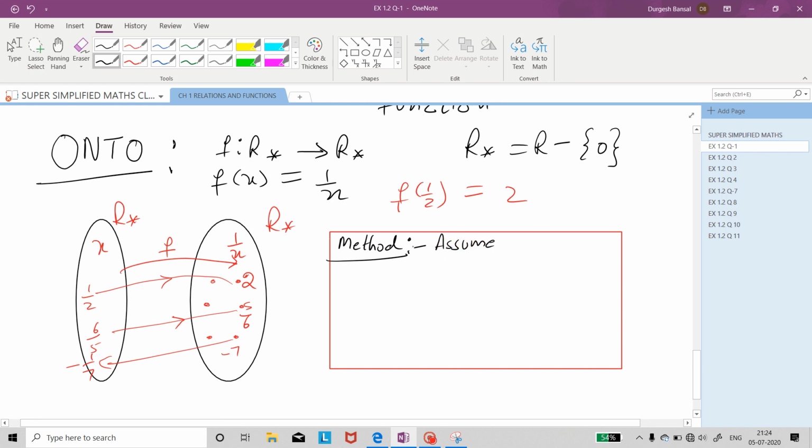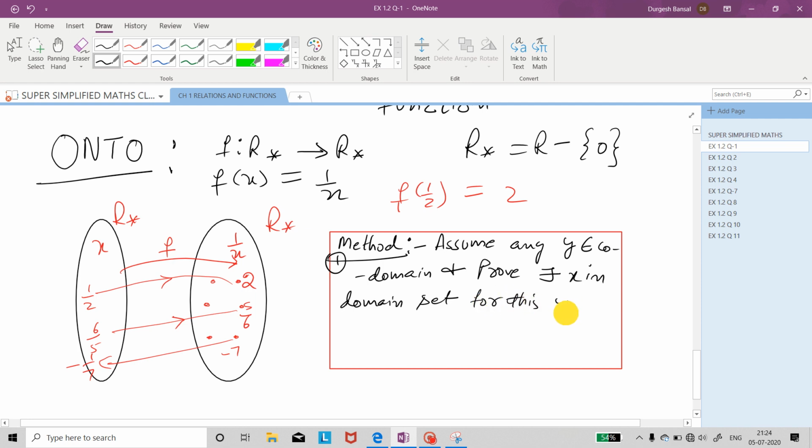This is method 1: you assume any y in the codomain set and prove there exists x in the domain set for this y such that f(x) is equal to y.